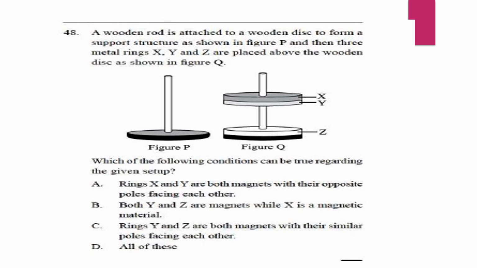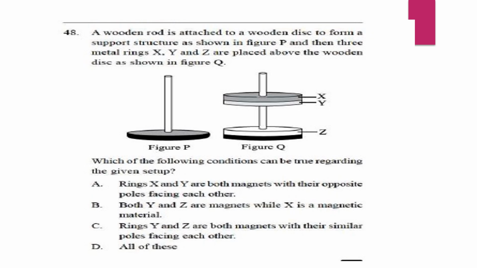A. Rings X and Y are both magnets with their opposite poles facing each other. B. Both Y and Z are magnets while X is a magnetic material. C. Rings Y and Z are both magnets with their similar poles facing each other.